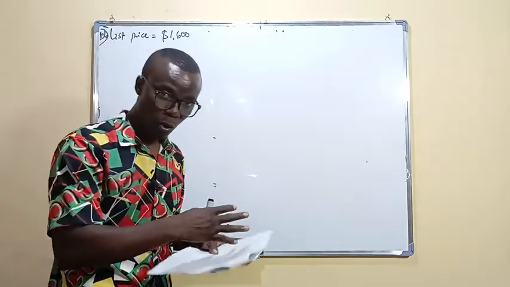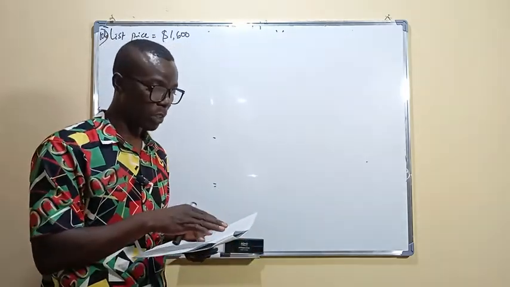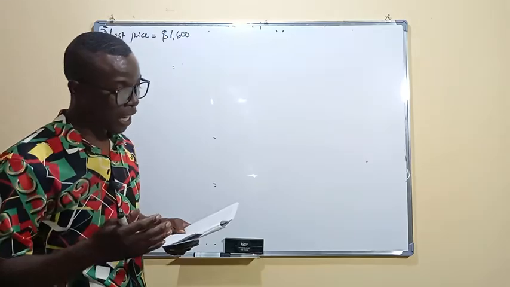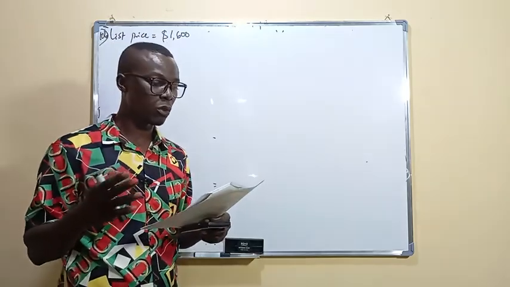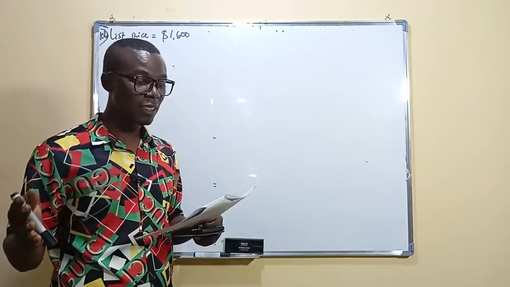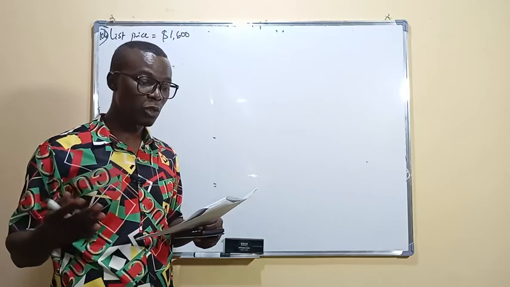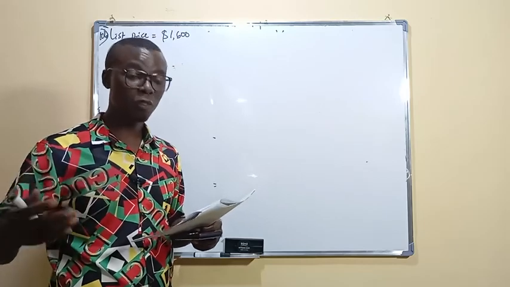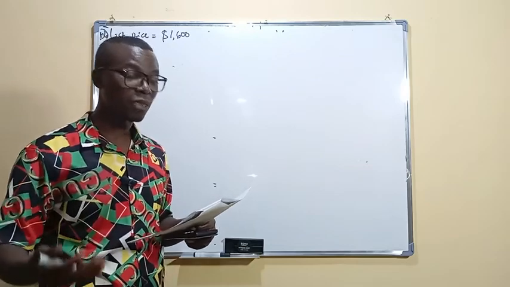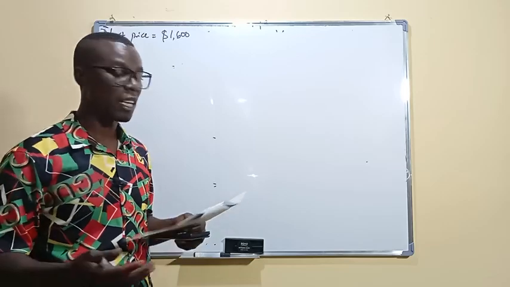If you want to purchase this television, you can make a deposit of $400 first. Then after that, you are going to split what is remaining, and that remaining amount is going to be paid in 12 monthly installments at 25% per annum simple interest.